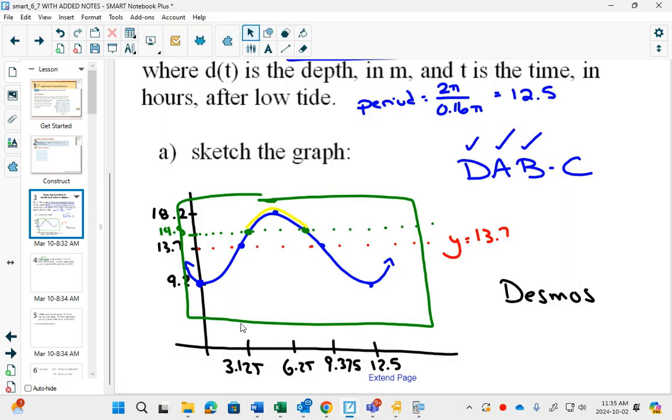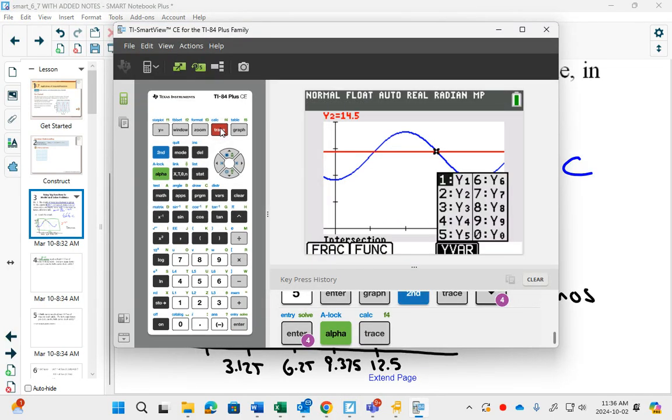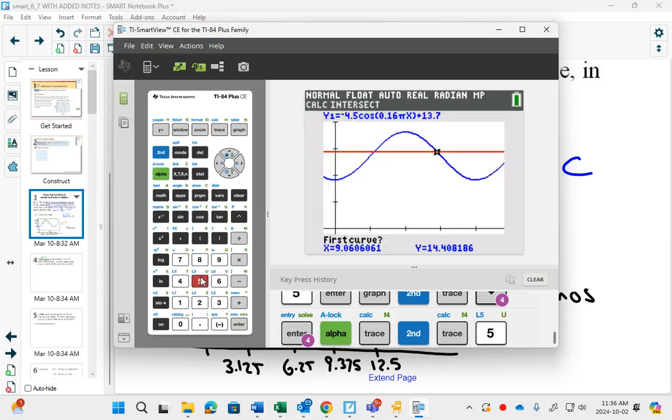So I can go back to my graph, and I can go down from this point, and I know that it's at 9.02. I also want to find out this one. Where does this one intersect? So I go back to my graph, and I go second, calculate again. Number 5, intersect.